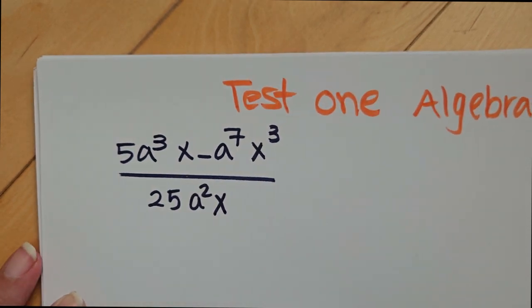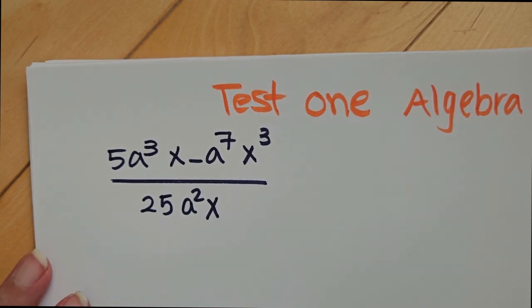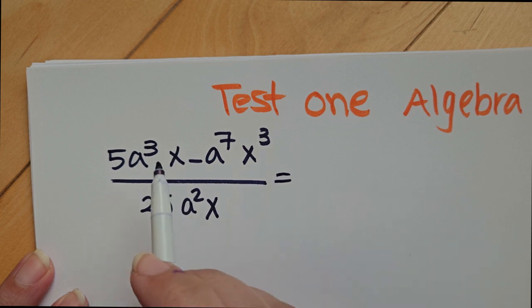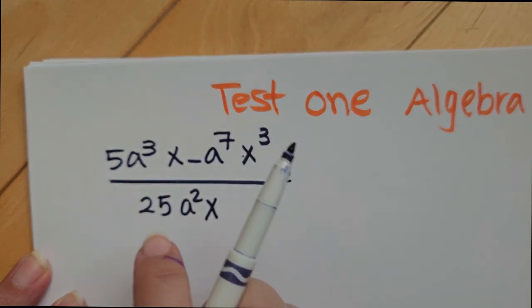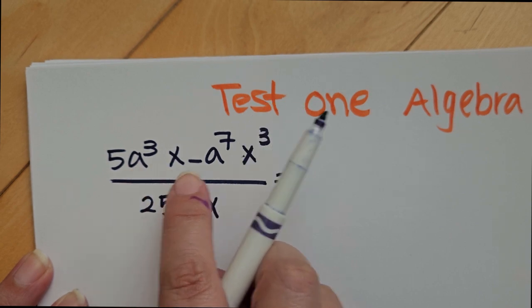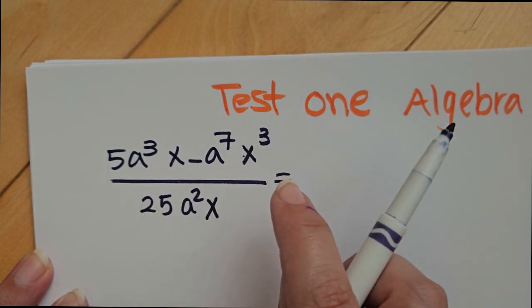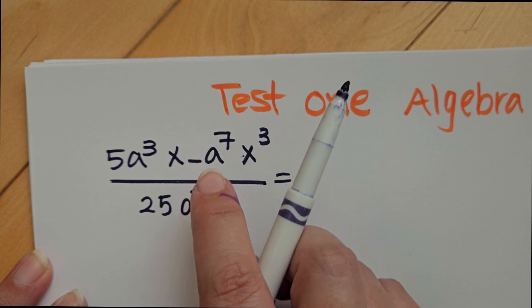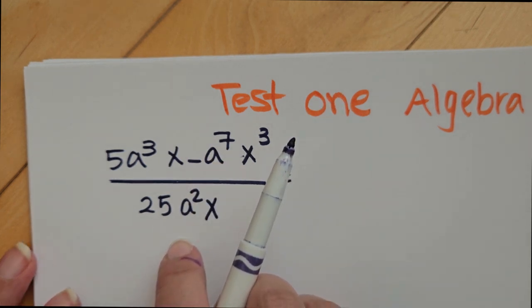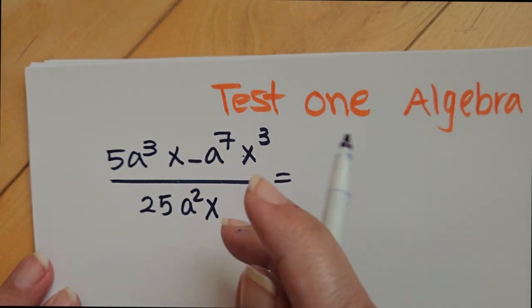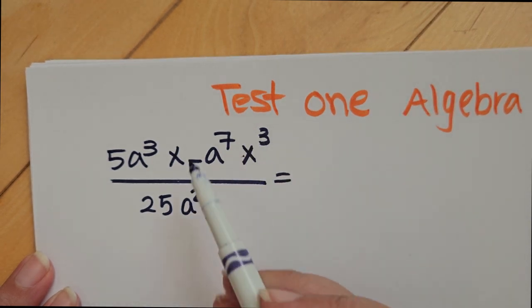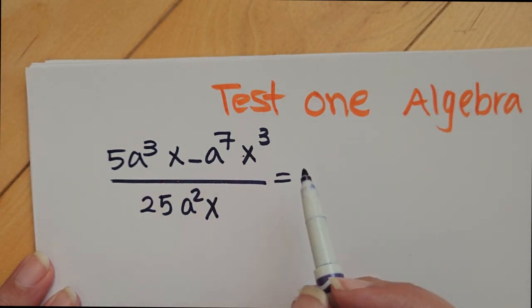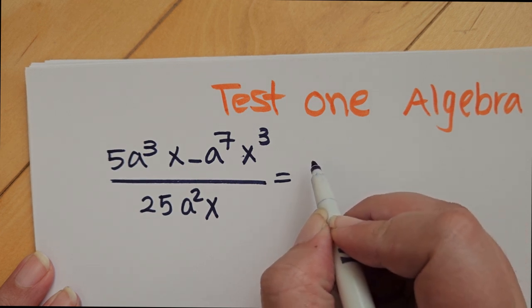So here, what I want you guys to know is that you can factorize the common factor here, okay? Because you have a and x repeating in both of the terms in the numerator and then in the denominator as well. But you cannot simplify each variable at this shape. You have to first factorize it.